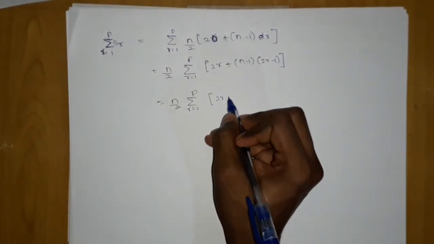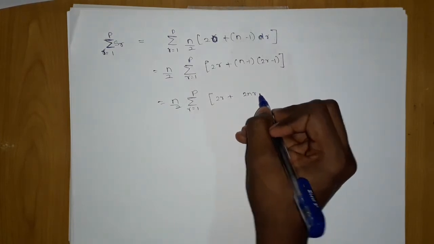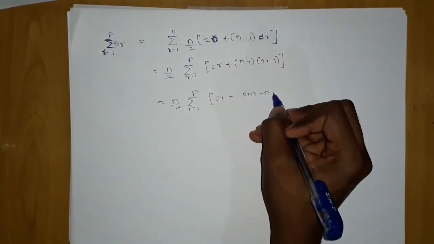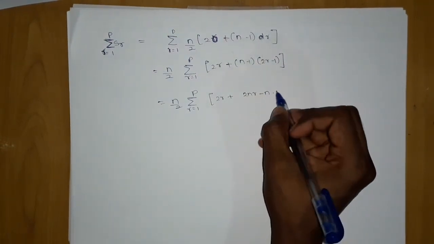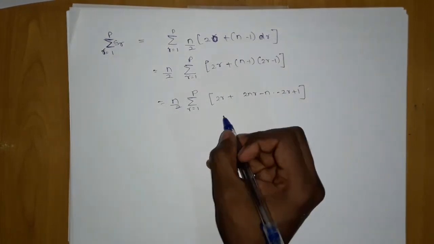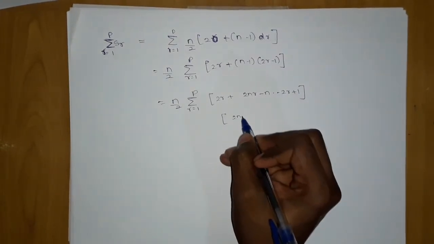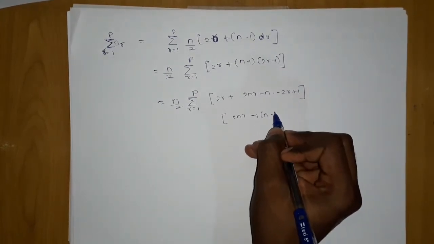So if I continue doing this summation, r equals 1 to p, we have 2r plus 2nr minus n minus 2r plus 1. So we got this, these two will cancel out, which will give me in the end 2nr. If I take minus out from this, what I get? n minus 1.